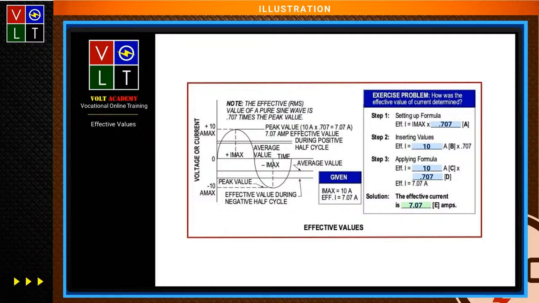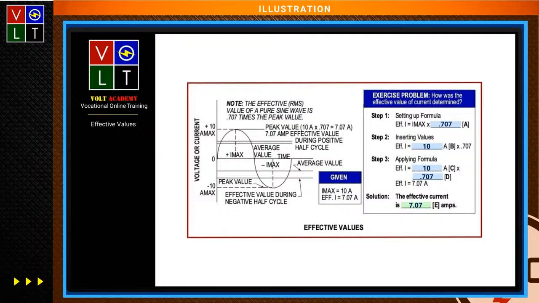You'll see we put in there, we talk about the effective RMS value of a pure sine wave, and that's, I guess it would be peak value, but what I'm trying to say is we're looking at doing this from a pure sine wave and determining an effective value. Okay. Gotcha.